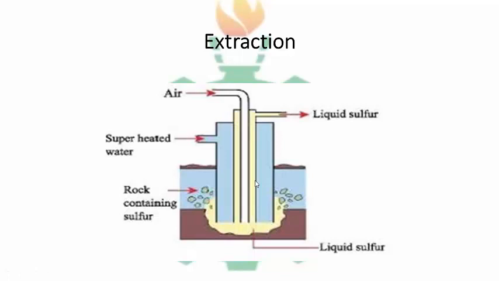In the extraction of sulphur, the physical property employed is melting point. We consider the temperature at which the water is heated, which is able to raise the temperature of sulphur up to its melting point, causing it to melt.